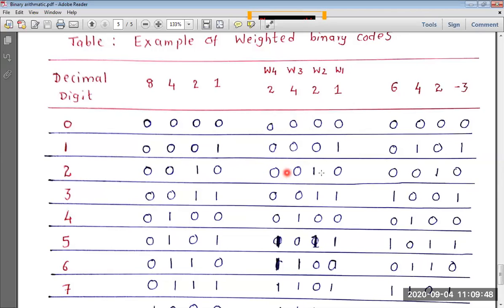Now what is the ninth complement of 2? 9 minus 2 is 7. So 7 is the 9's complement of 2. What is its equivalent in 2421 code? 1101. Now mark this one.